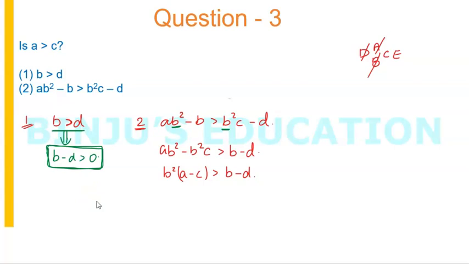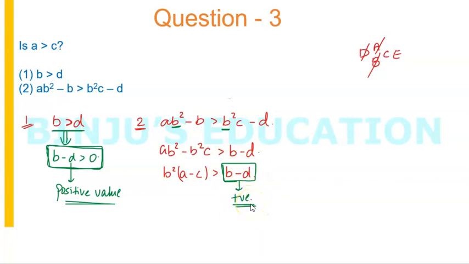So if B is greater than D, then B minus D will be greater than 0. B minus D greater than 0 basically means B minus D is a positive value.